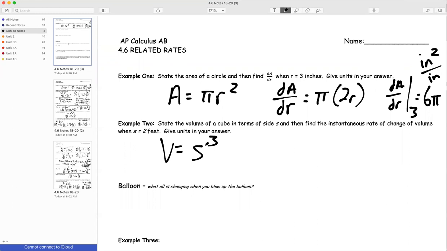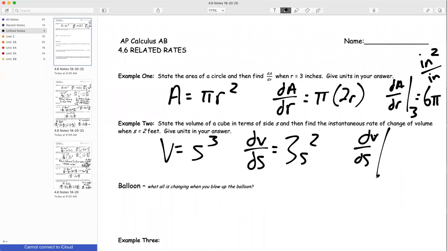So I'm going to take the derivative with respect to the side. So I've got dV/ds. That's equal to the derivative of s cubed, which is 3s squared. And I want to evaluate dV/ds when s is equal to 2.